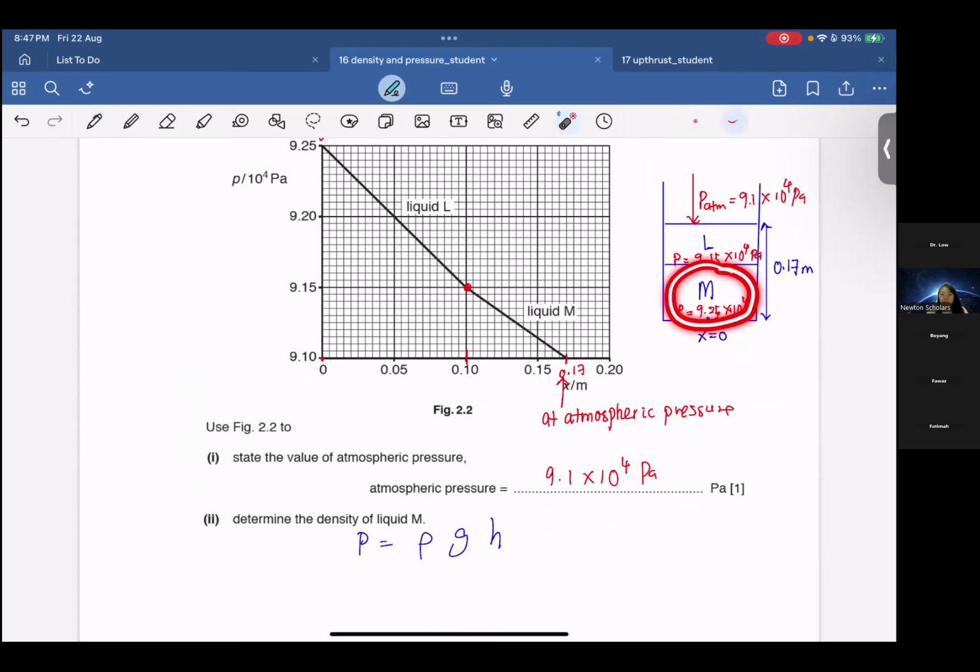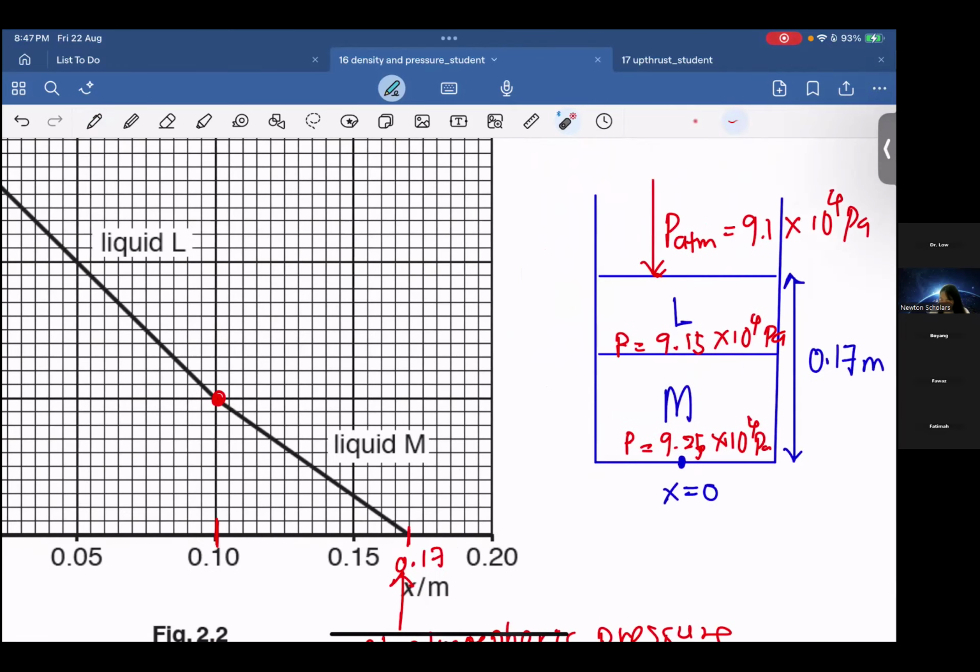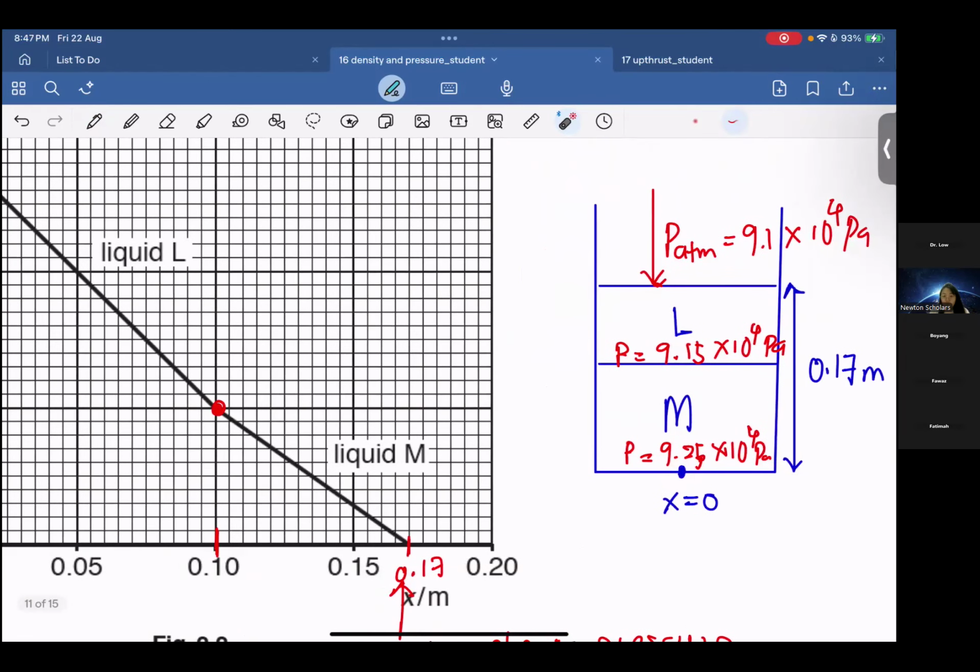Basically here, I already label. Can you see that? At the lowest point at here, 9.25. Then at this point, 9.15. So you can find the pressure difference. The pressure difference equals to rho g h, then you find out this h.